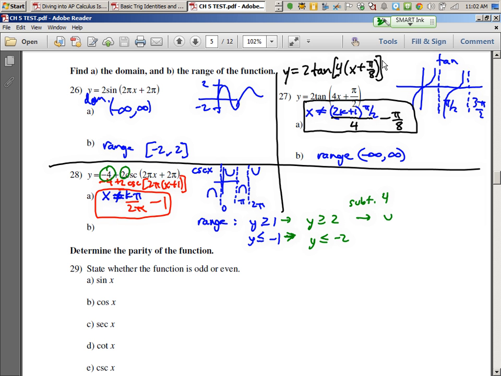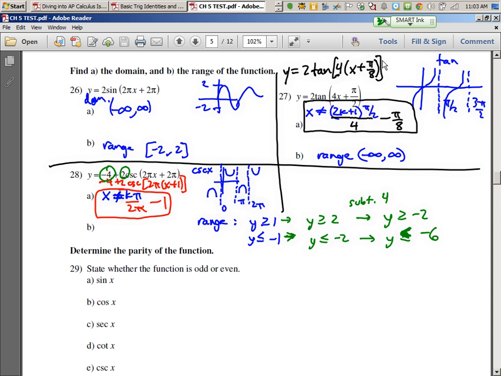So we're going to take away 4. Subtract 4. So y is greater than or equal to negative 2, y is less than or equal to negative 6. This is our new range. I just applied the 2 green numbers in the order of dirt to my rule for range. I doubled and took away 4.